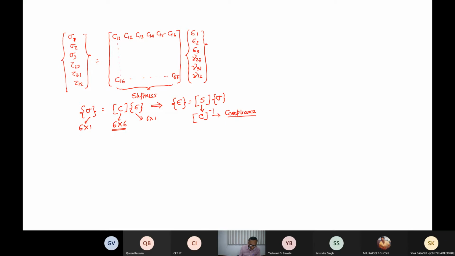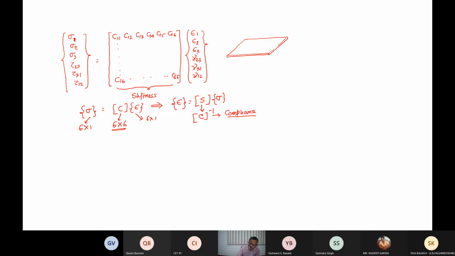Now, this is for 3 dimensions. When you talk about a lamina, a lamina is very thin, you know. Its thickness is very small compared to its lateral dimension.